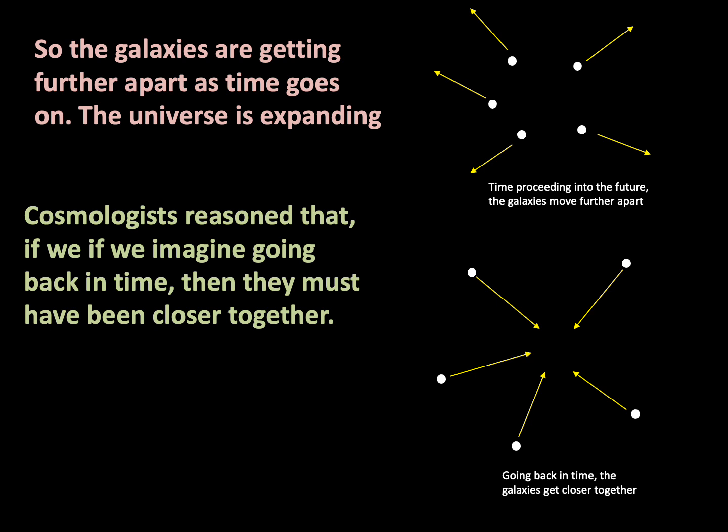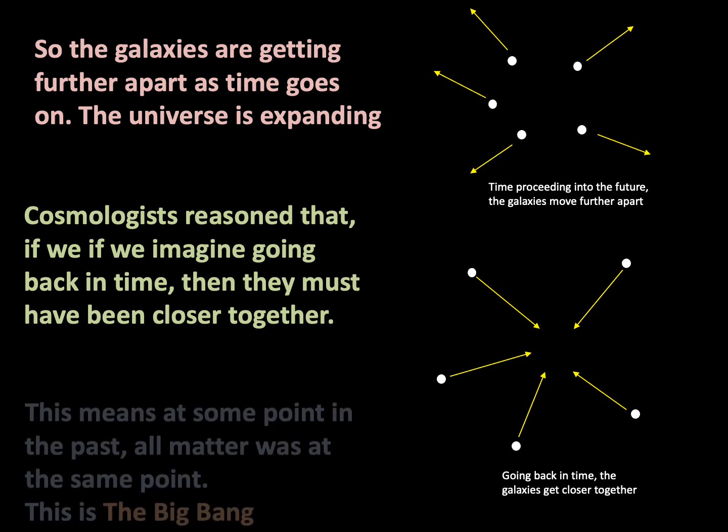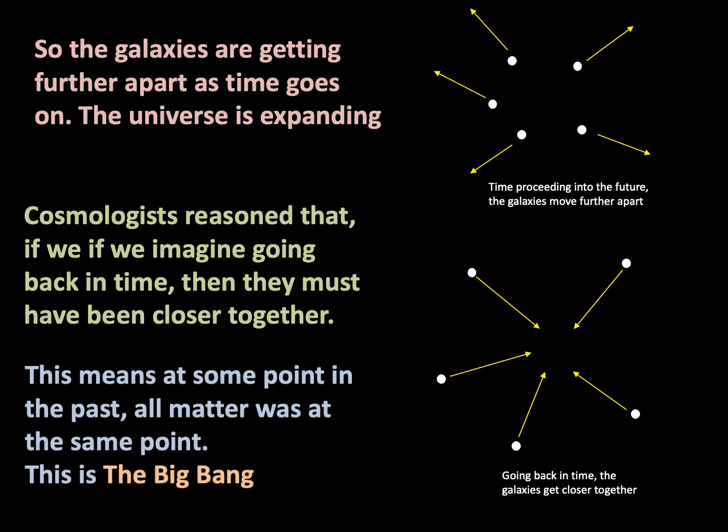So they imagine going back further and further and further in time, the galaxies get closer and closer and closer together, and thought, well, hang on, at some point in the past, all of the galaxies, that's all the matter that existed, must have come to the same point, because they all seem to be emerging from a single point and expanding from a point. So they've all gone back in time to the same point in the imagination of the astronomers, and so we call this the Big Bang.